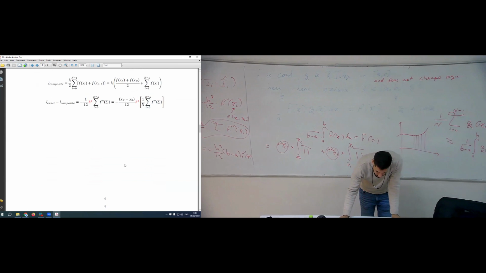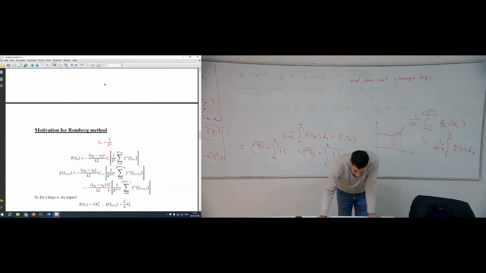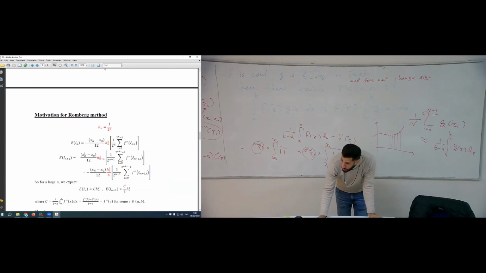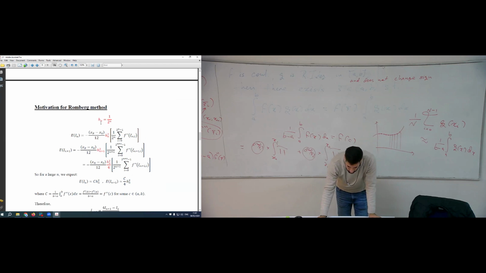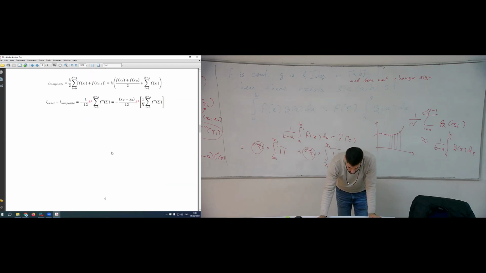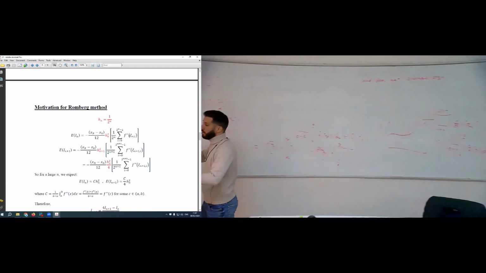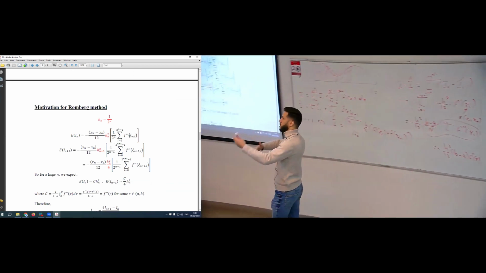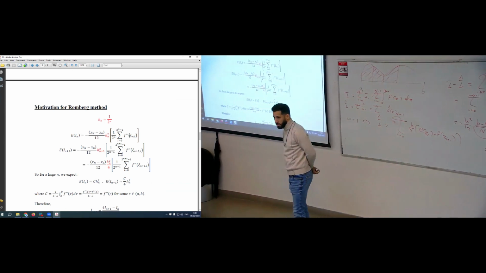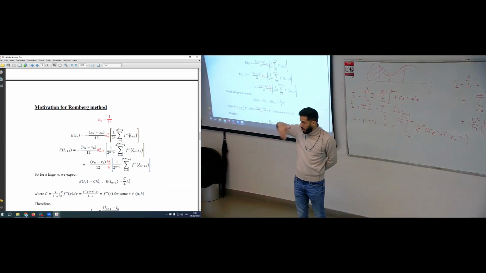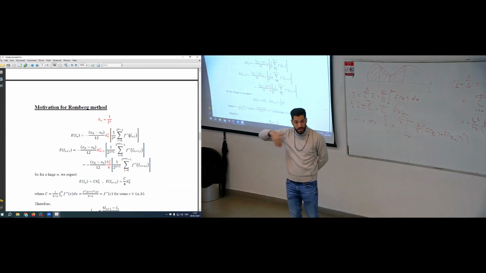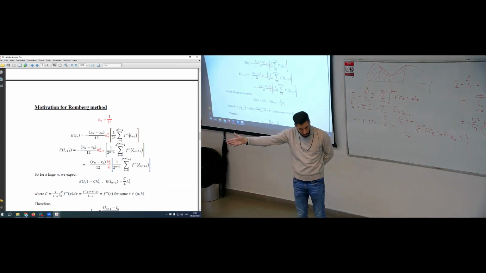So we recall the recursive way of the composite trapezoidal integration. We take Hn and calculate the integral, and then we take Hn plus 1.